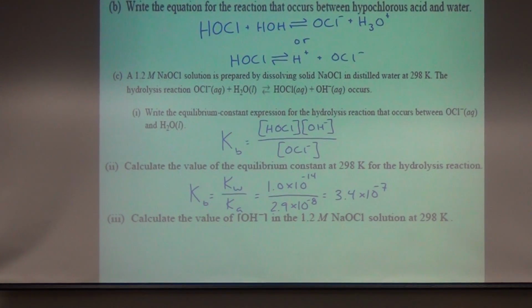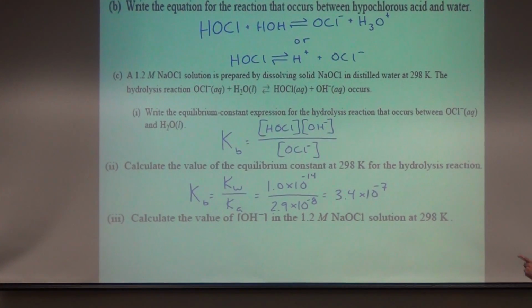So you do have a Ka. Clearly this reaction is based in terms of the OCl minus. If you have a conjugate pair, then you can use Ka, Kb, Kw. If you feel like you don't have enough information, you have to realize, okay, what else do I have?